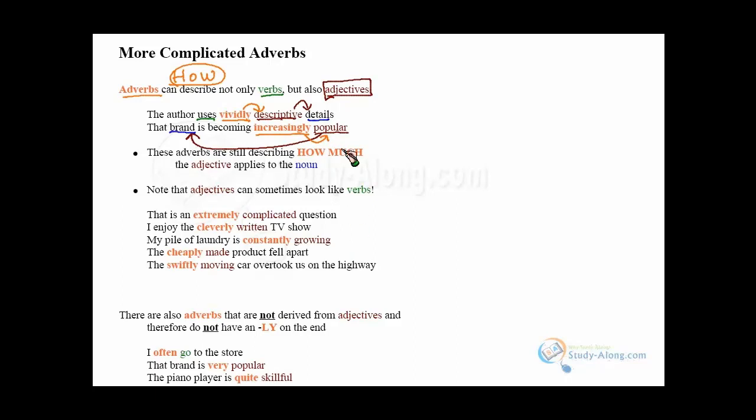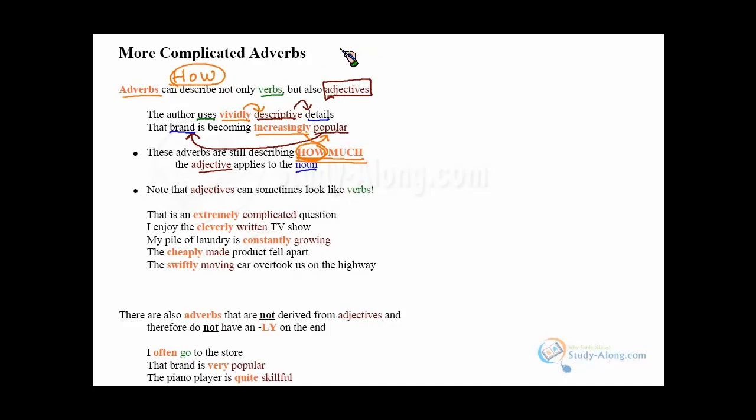So these adverbs are still describing how much. The word you think of for an adverb is always how. How descriptive are the details? They're vividly descriptive. How popular is the brand? It's increasingly popular. So we're still in that world of how, but now we're describing how much an adjective applies to a noun.